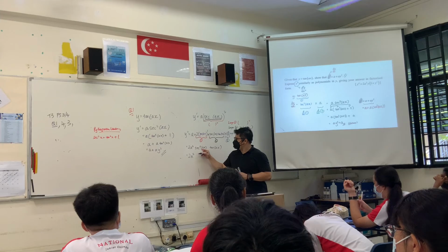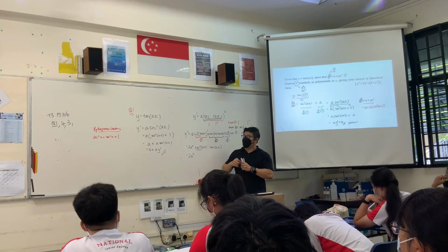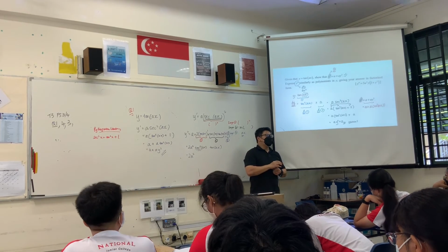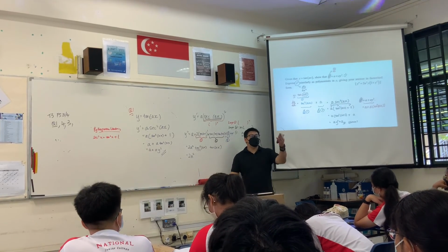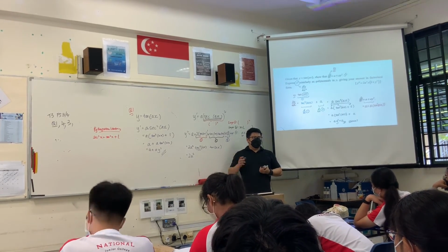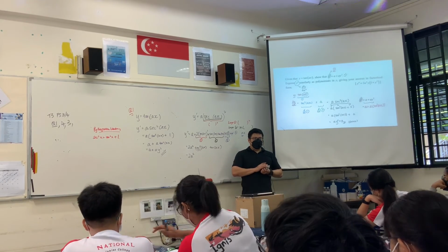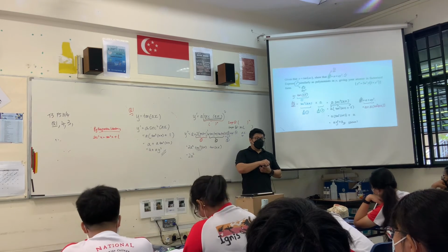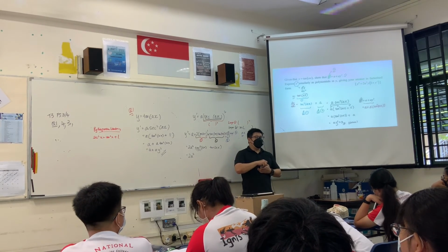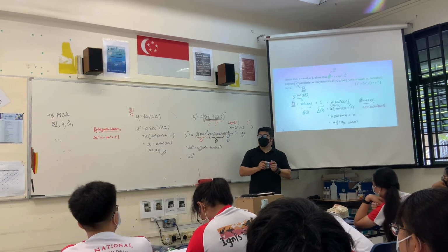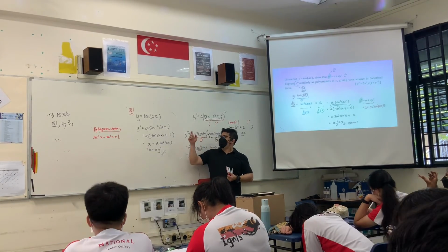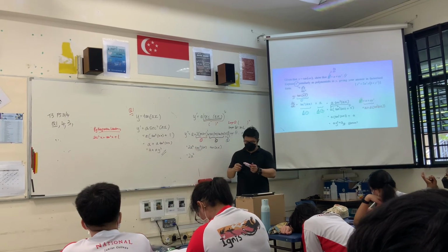So if I write secant square in terms of y, what should it be? Give me another name. If I express secant square in terms of y, what should it be?